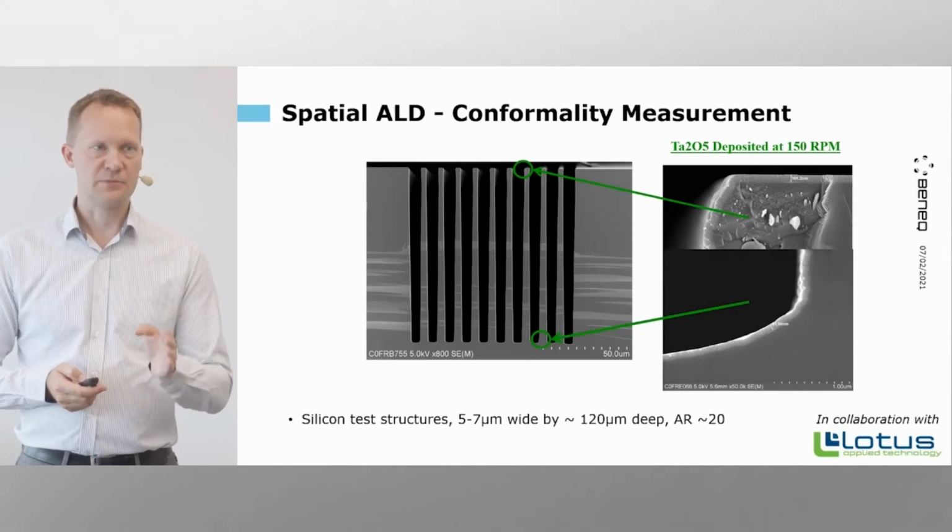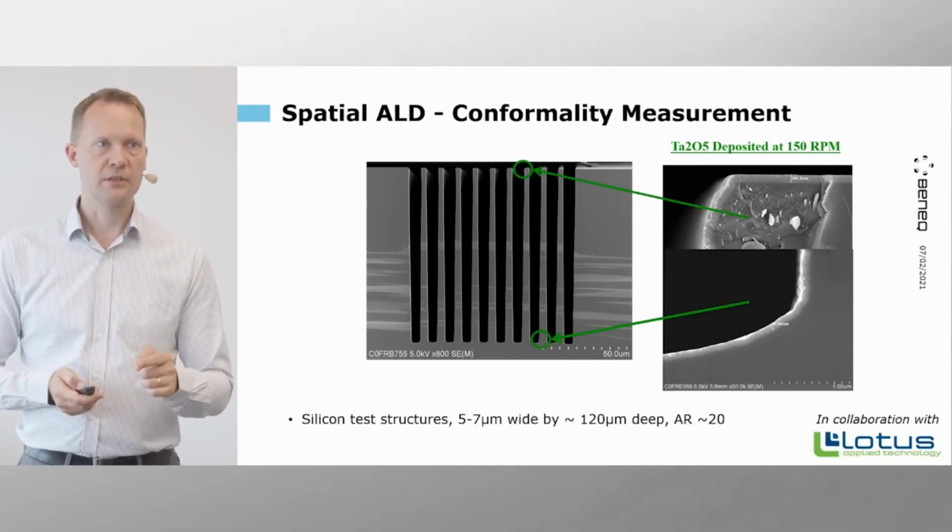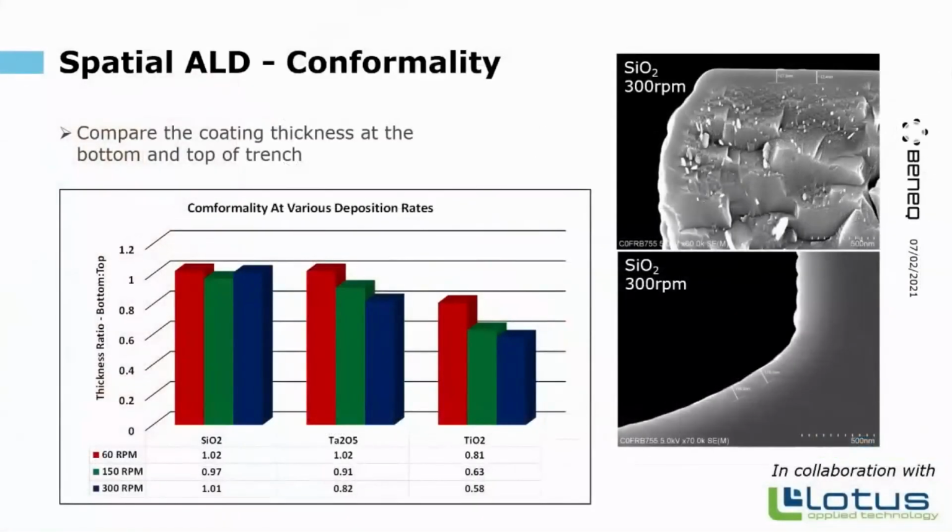This has been coated for contrast reasons with tantalum oxide first, and then we are monitoring how the other films grow on this, and then we measure with the SEM and compare the thickness at the bottom of the trench to the thickness at the top of the trench. And we see that with silicon dioxide, regardless of our RPMs, even going up to 300 RPM, we still get perfectly conformal films, same thickness at the bottom and at the top.